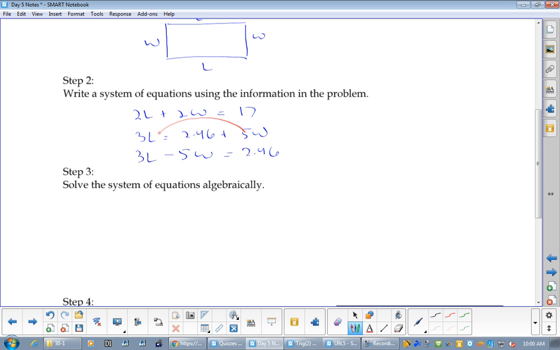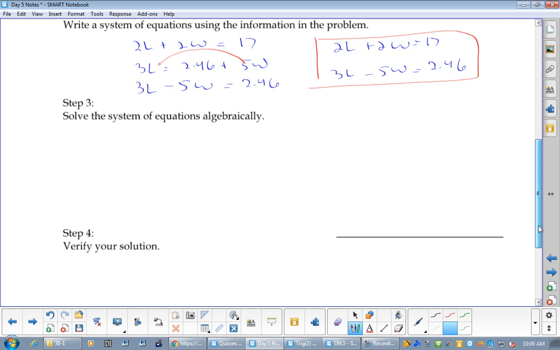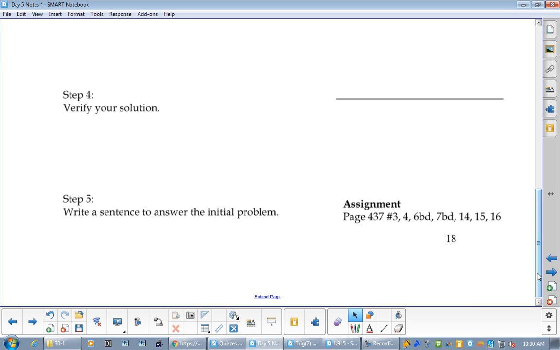Just to reiterate, this is what it would now look like: 2L plus 2W equals 17, and 3L minus 5W equals 2.46. Now, can you do the rest if you had to? Multiply the top by 3, maybe the bottom by negative 2, add them. Okay, there we go.